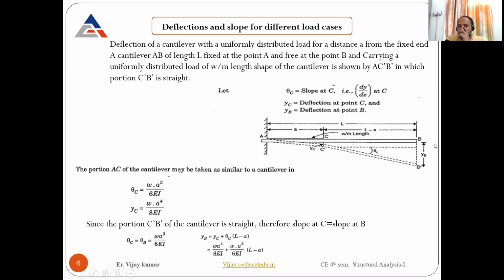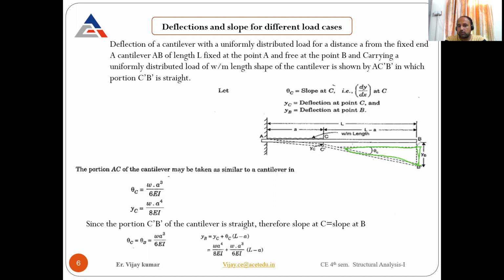Now I am interested in calculating B to B dash. That distance is nothing but yC plus this other distance, which forms a 90-degree triangle.